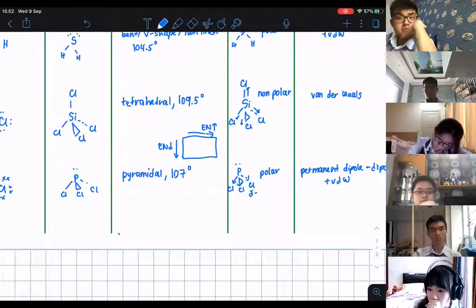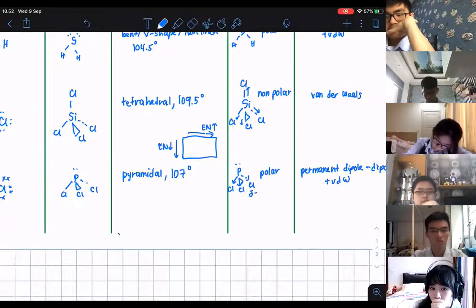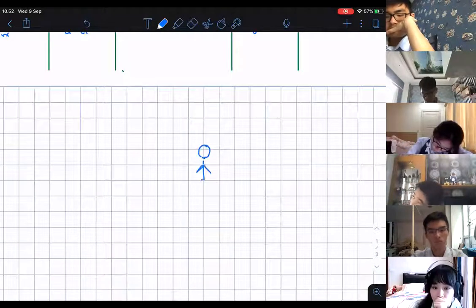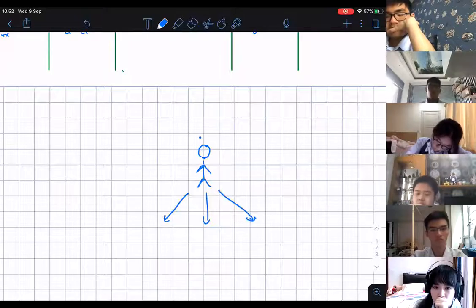Imagine we are looking at this situation. You have a girl, and then 3 people are pulling this side, and then there is a lone pair of electrons.